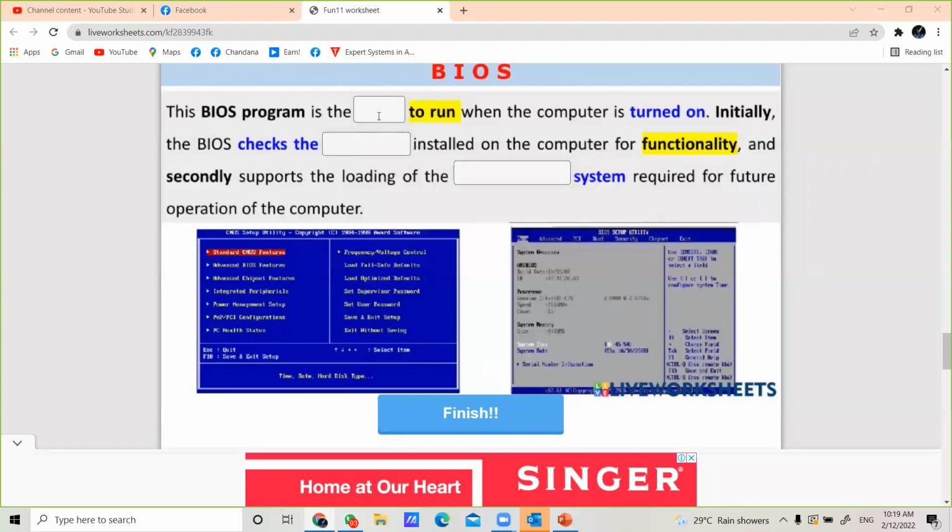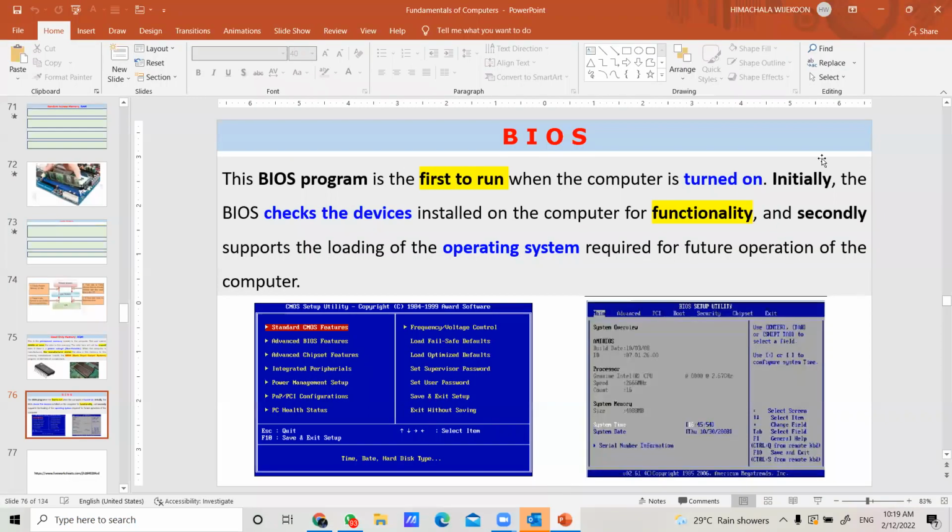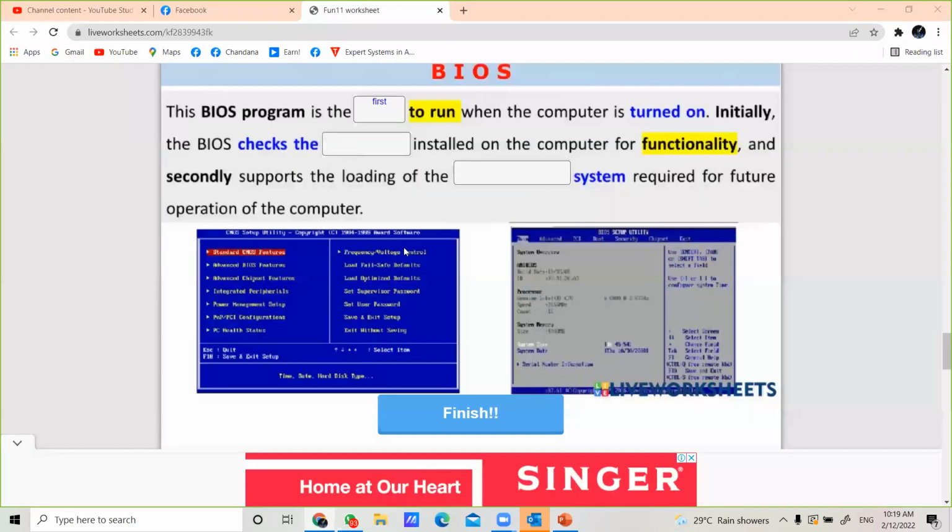The BIOS program is the first to run when the computer is turned on. Initially, the BIOS checks the installed hardware.